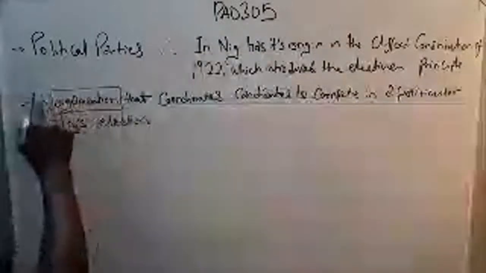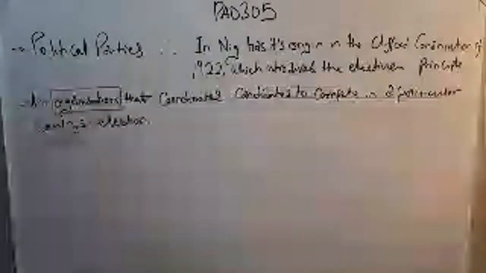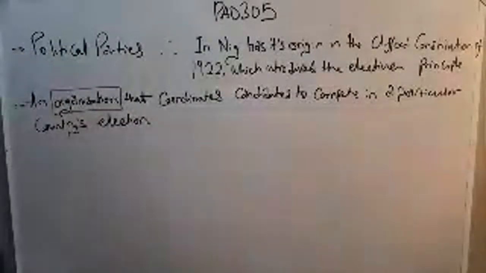A political party is an organization with different members, different individuals, charged with a responsibility, with goals and objectives. That's an organization for us. Now, what does this organization do? Why do we have this organization?